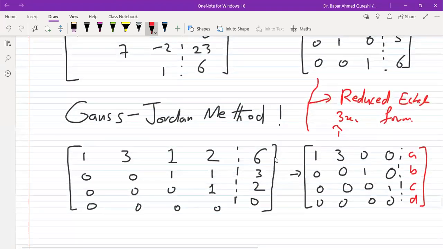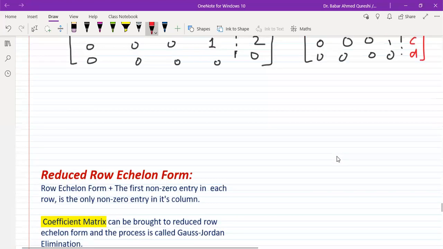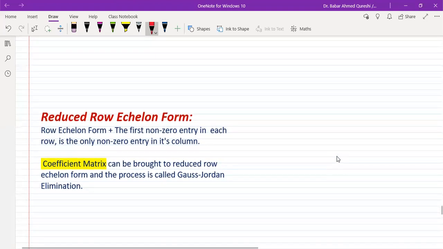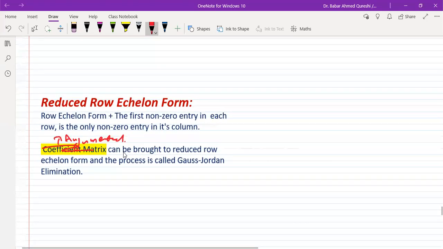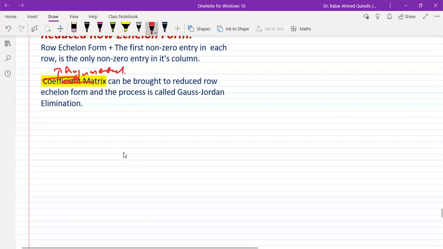But there is a possibility here, because below it there are no non-zero numbers, but then this is not the leading non-zero in this row. This applies to the coefficient or augmented matrix. So you can do that, and this process is called Gauss-Jordan elimination.